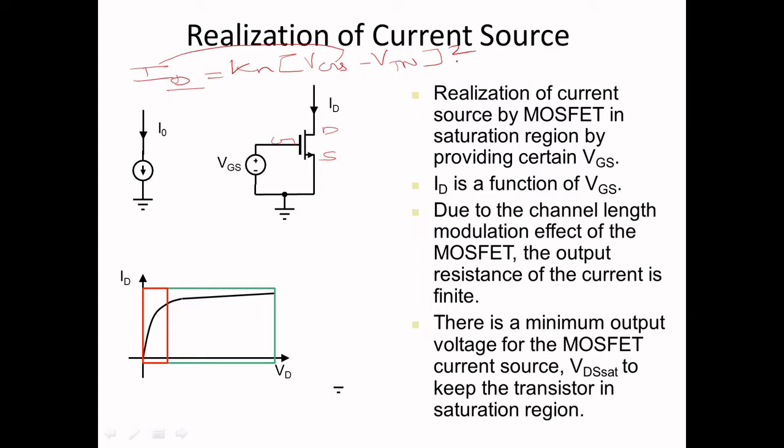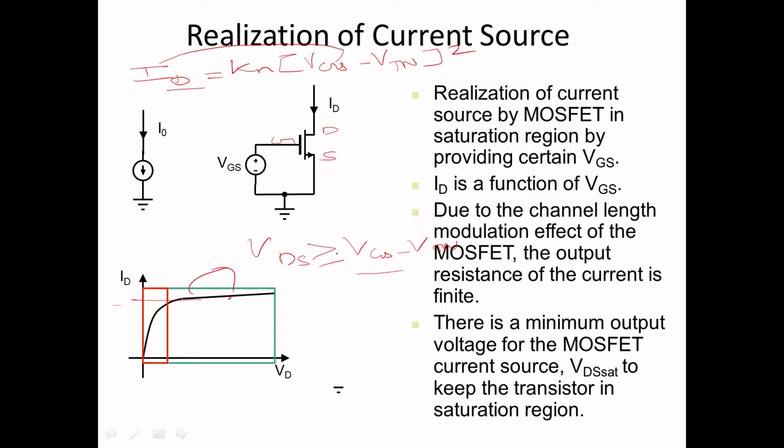Another thing, to make your transistor work in the saturation region: this is a saturation region, this is an ohmic region, and this is a cutoff region. To make this transistor work in the saturation region, the condition is VDS should be greater than or equal to VGS minus VTN. This is a basic condition you know.